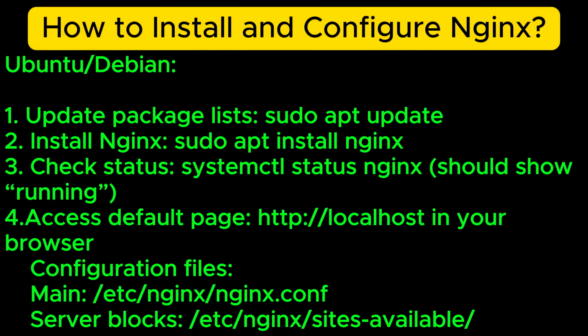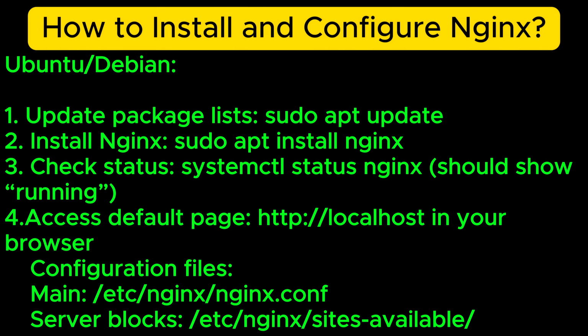Let me first show you how we can start working with Nginx. If we have different operating systems, first of all we have Ubuntu and Debian, where first we have to update the package list with sudo apt update, which updates all the packages and software you already have, so that when you go for other installations, they would be on the latest updates.